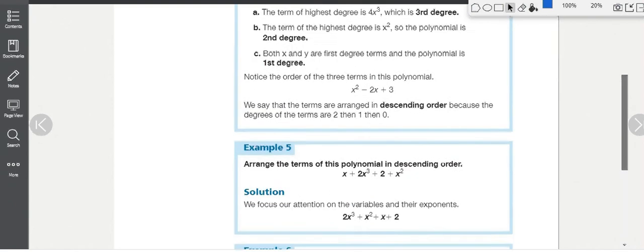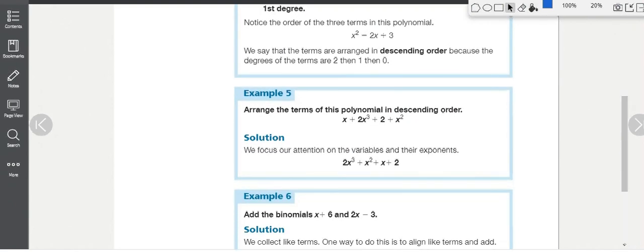We try to arrange them biggest to smallest, big here and then smaller as you go down in degree. That's called descending order. So if I have to rearrange this, I put this first because it's got the highest degree. It's a degree of 3 for this trinomial. Then I put this in second place, and this in third, and constants always go last right here.